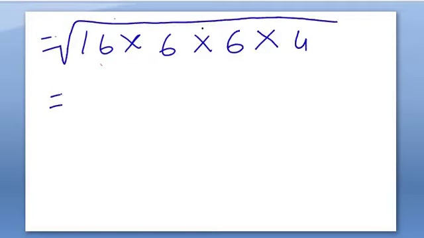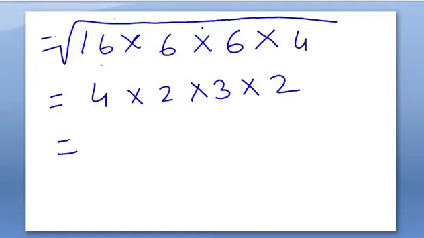Equals 4 into 2 into 3 into 2, the root is gone, 4 into 2 is 8, 8 into 3 is 24, 24 into 2 is 48 square centimeter.